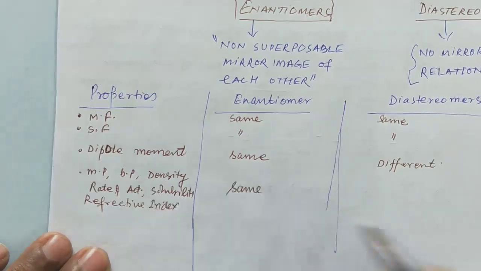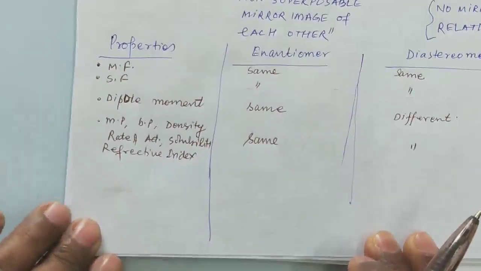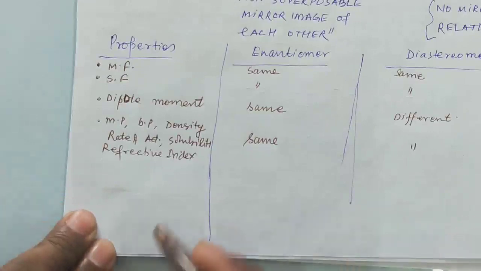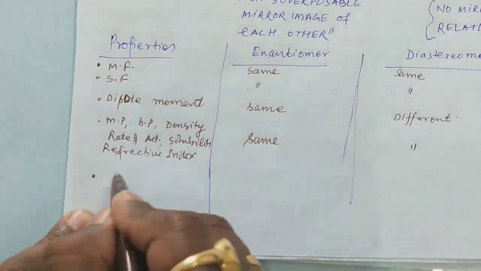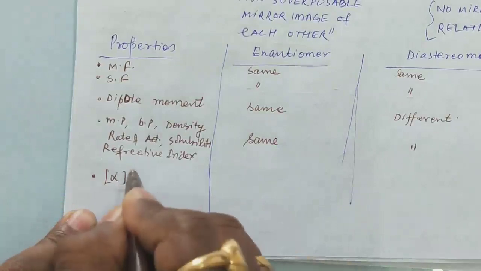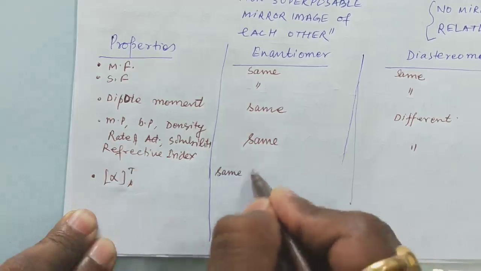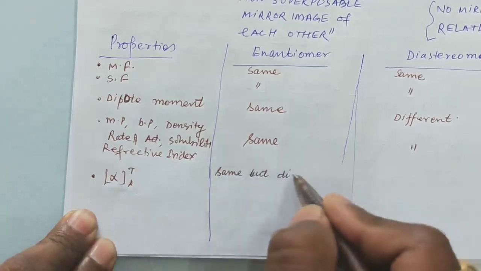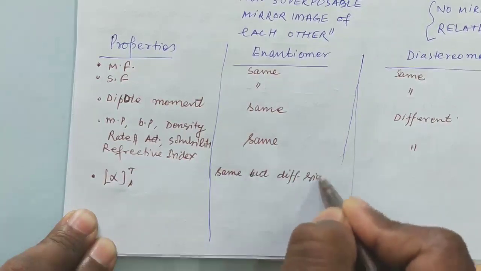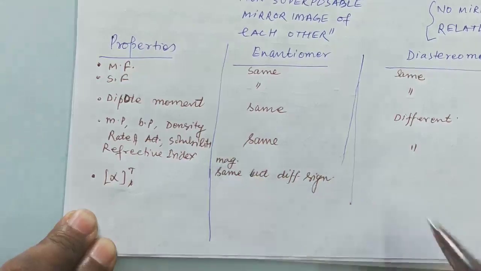All the enantiomers have the same, but diastereomers different, right? Now come to the specific rotation, alpha. Same magnitude but different sign for enantiomers. Magnitude is same. And here different.